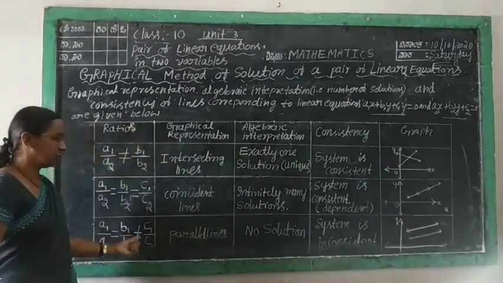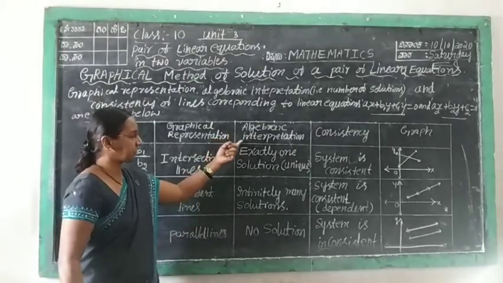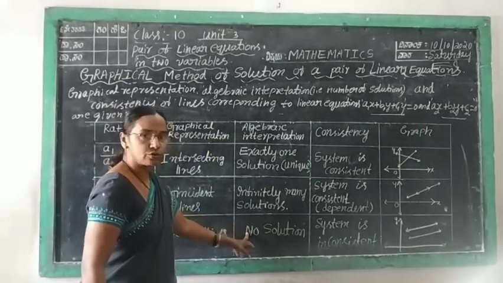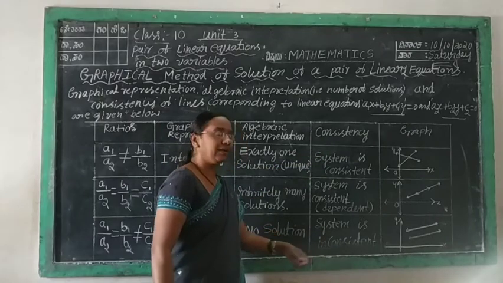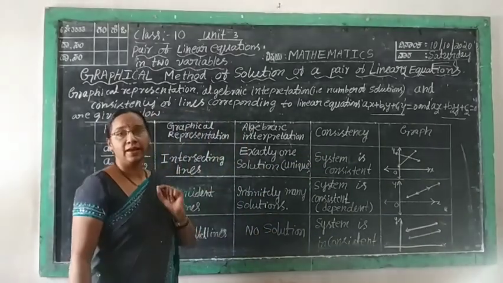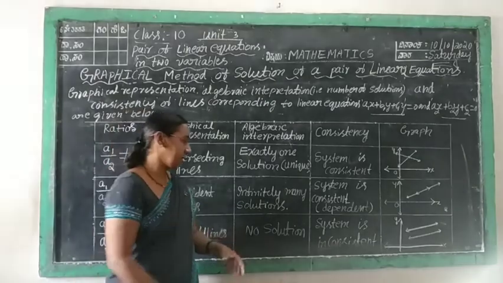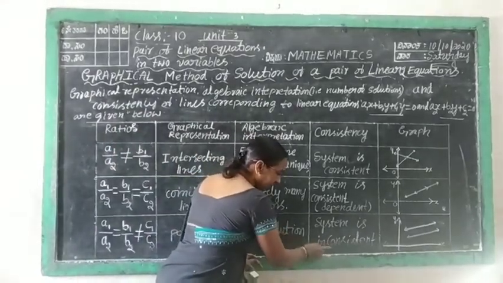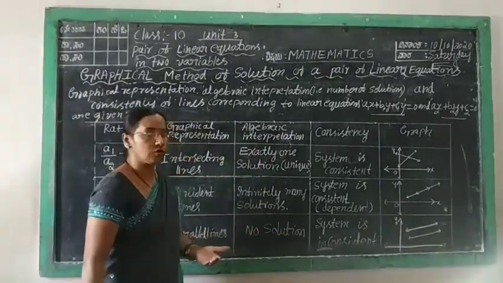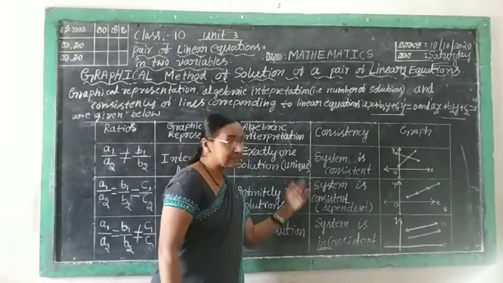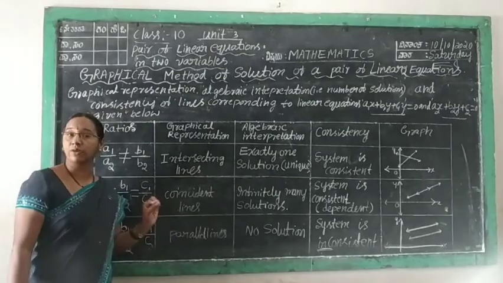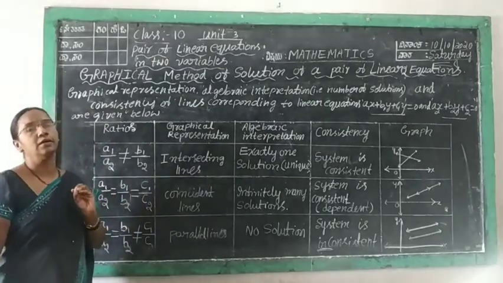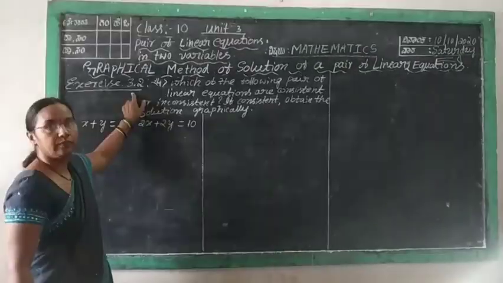Then the algebraic interpretation is no solutions, and consistency: the system is inconsistent because it has no solutions. The important point to consider is that it has no solution. The system is inconsistent for a1 by a2 equals b1 by b2 not equal to c1 by c2.